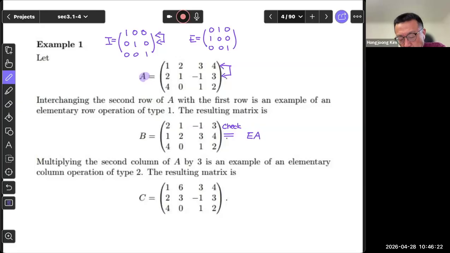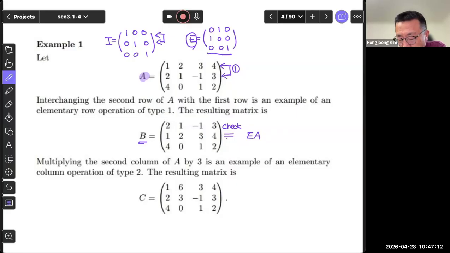So B is obtained in two ways: by interchanging the first two rows in A, or, instead of interchanging two rows in A, you can interchange two rows in the identity matrix to get the corresponding elementary matrix E. When you perform a row operation, the resulting elementary matrix is pre-multiplied to the given matrix.